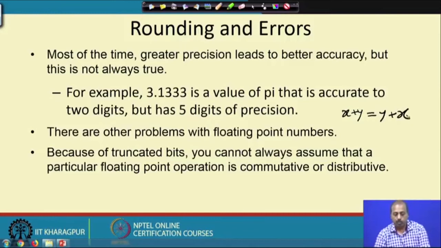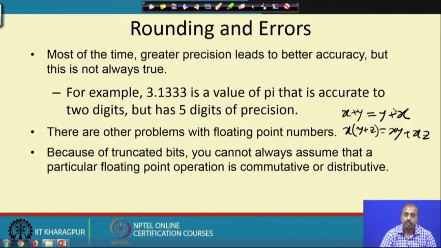So, this is a commutative operation, or x into y plus z is x y plus x z. So, the first one is the commutativity property, the second one is the distributivity property. These operations, addition and multiplication, follow this type of properties. For integers it is true, but for floating point numbers it may or may not be true. In reality it may not happen because of this accuracy issue.